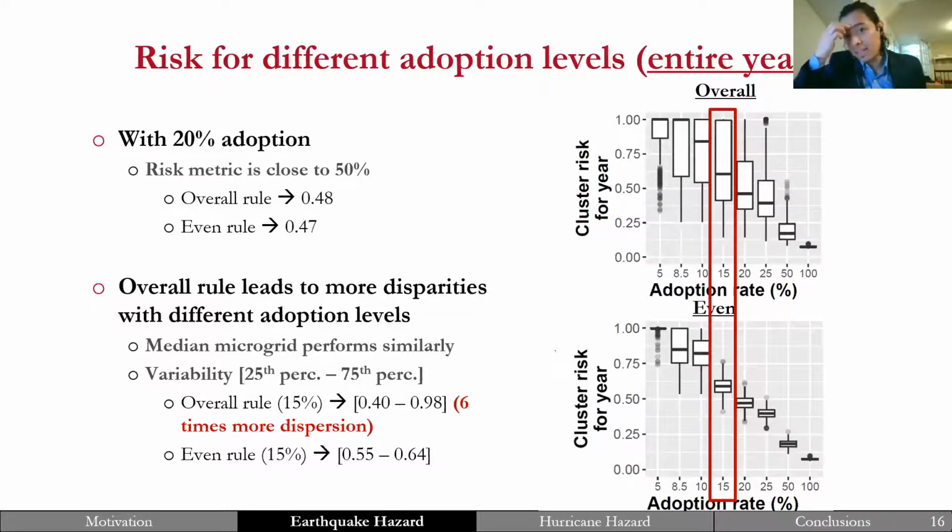And that means that under the overall adoption rule, several clusters are going to perform really well, but the neighborhoods that don't save the most do really poorly. Whereas under the even adoption rule, you start fixing that.